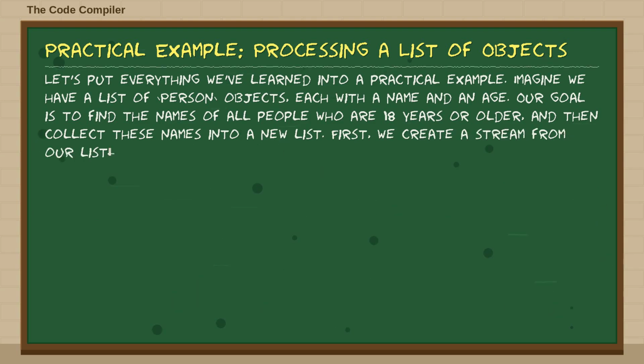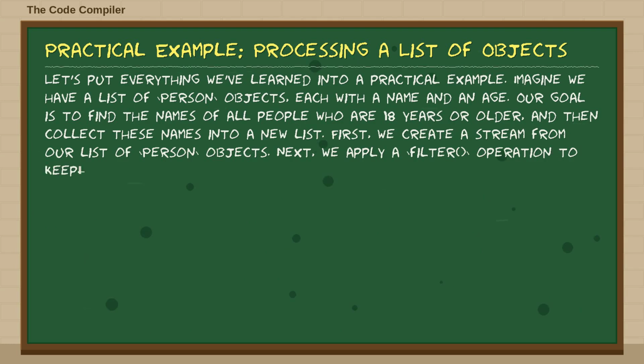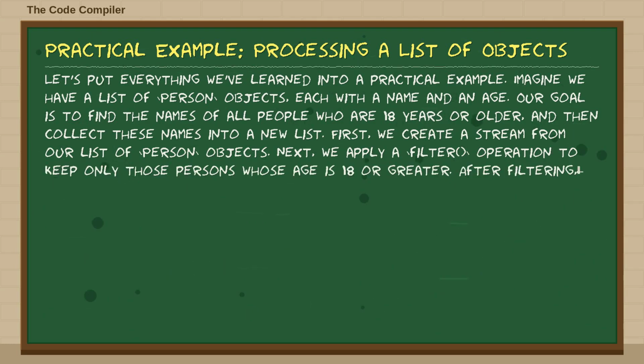First, we create a stream from our list of person objects. Next, we apply a filter operation to keep only those persons whose age is 18 or greater. After filtering, we use map to transform each person object into just their name, which is a string.